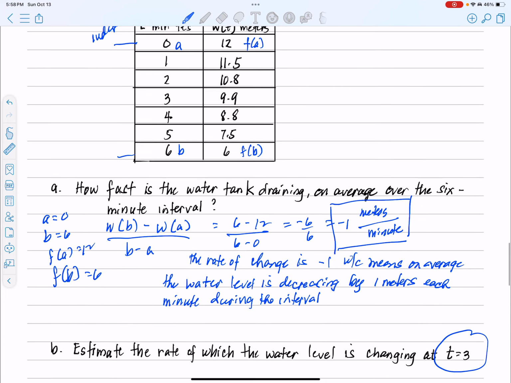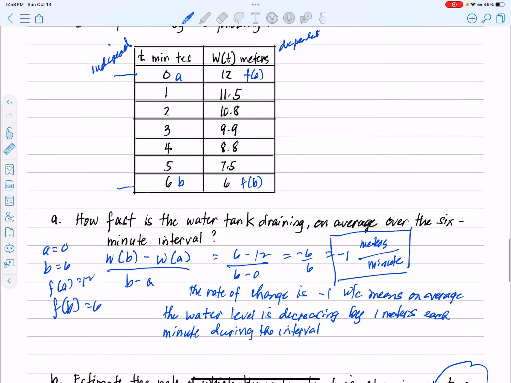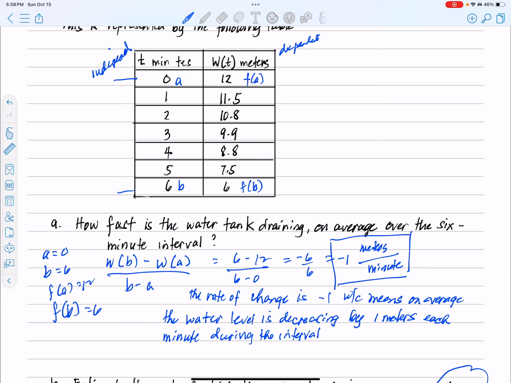Okay, first of all, let's locate 3. 3 is right here. So to estimate the rate of change at t equals 3, we will find the average rate of change over small intervals around t equals 3. So let's calculate the average rate of change for some values approaching t equals 3.